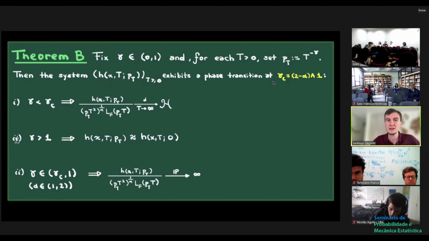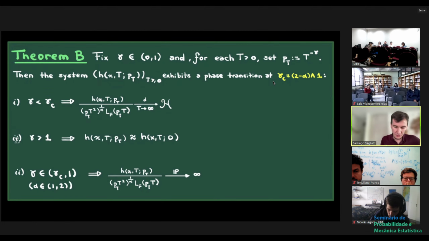I look at all these random variables together, and it turns out that this collection exhibits a phase transition at the critical parameter gamma_c, which is the minimum between 1 and 2 minus alpha, where alpha is the decay rate of the tail of the block heights distribution. So what happens is the following.